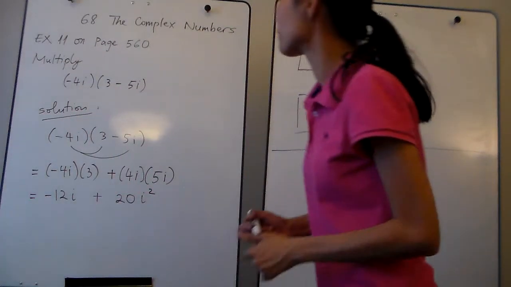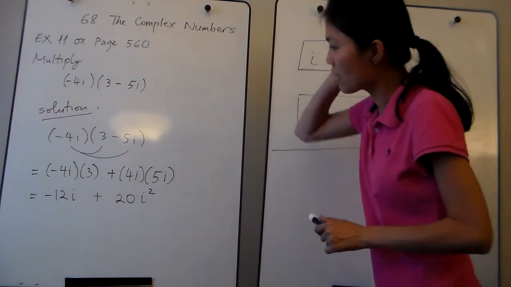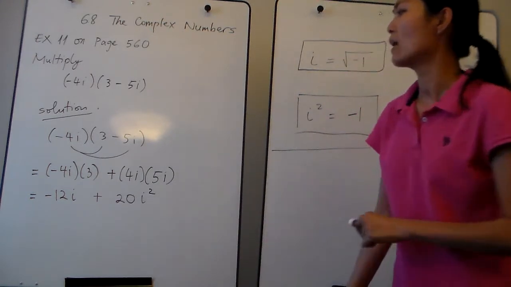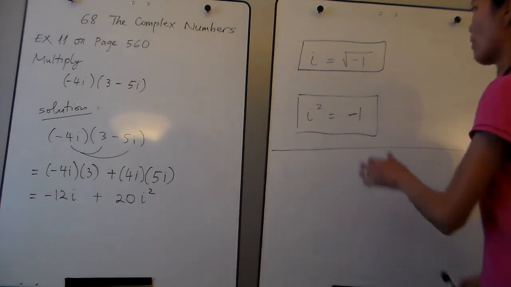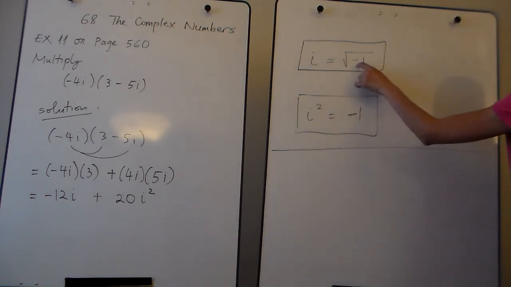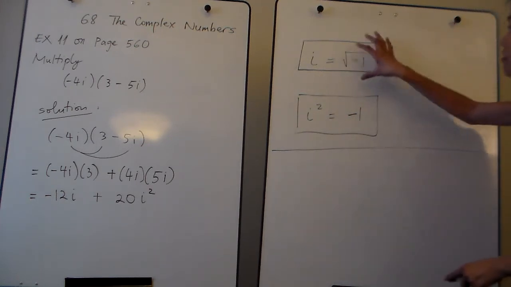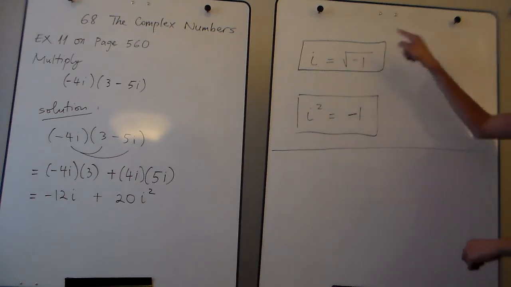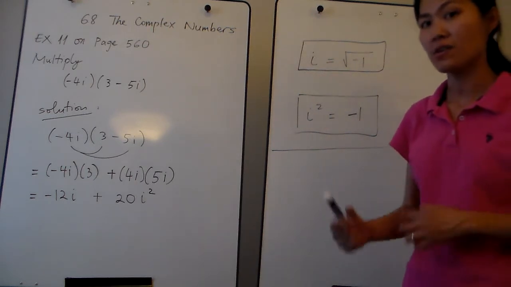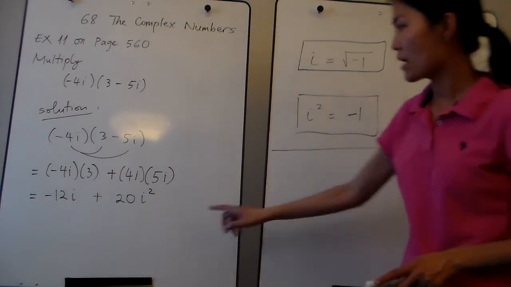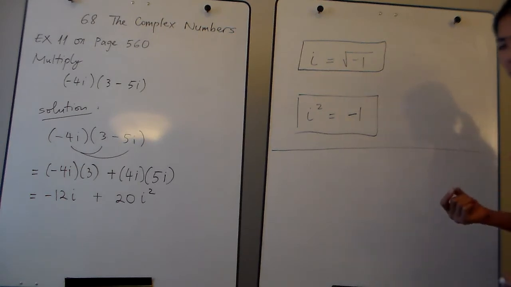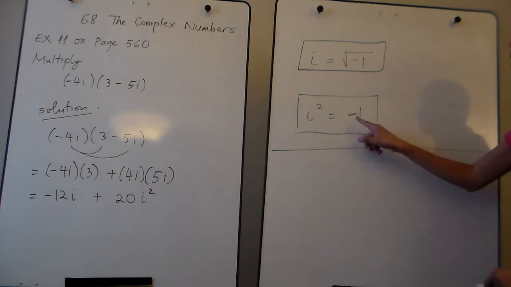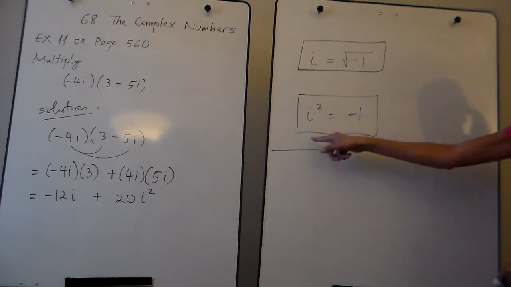Alright, so this example is a little bit different from the previous example. In the previous example, when you saw the square root of negative 1, you would convert this to i using this formula. So when you see i, you keep it. But in this case, you have i squared. And we have the formula that i squared is negative 1. So when you see i squared, always use the value negative 1 in place of i squared.